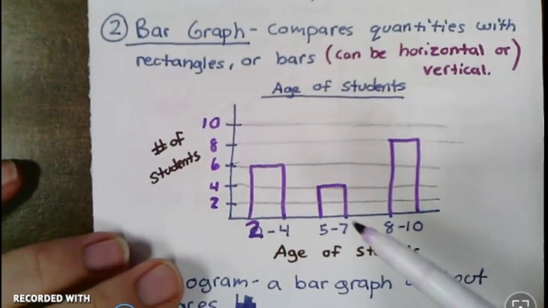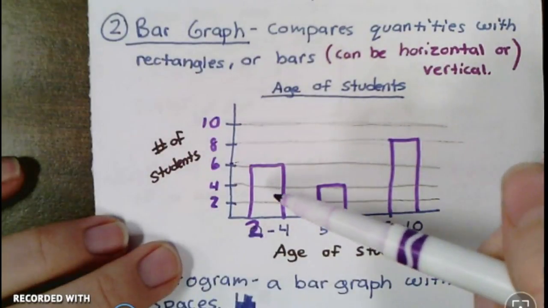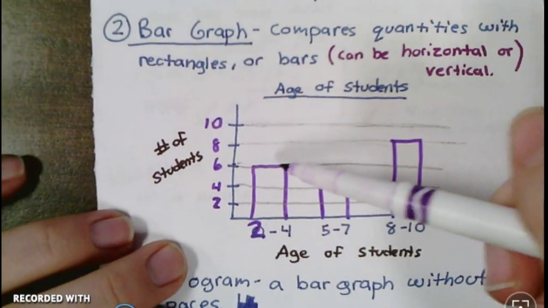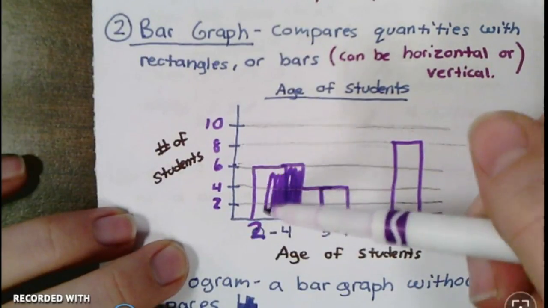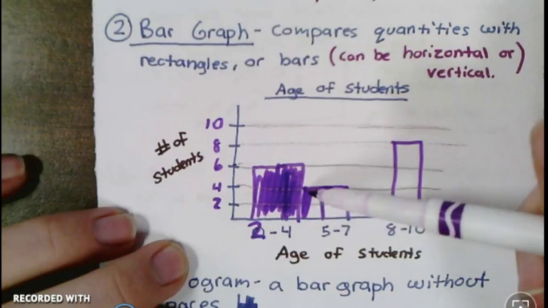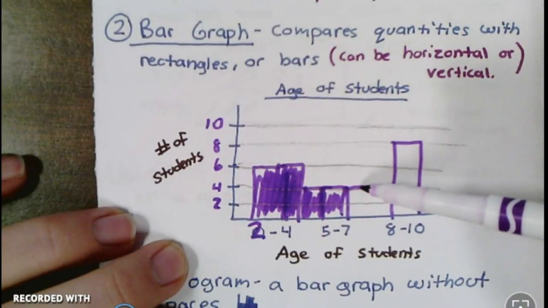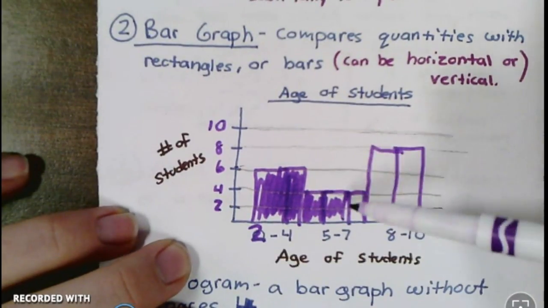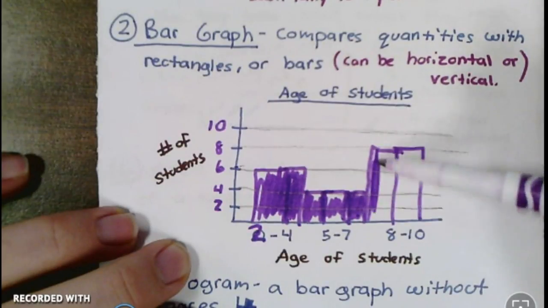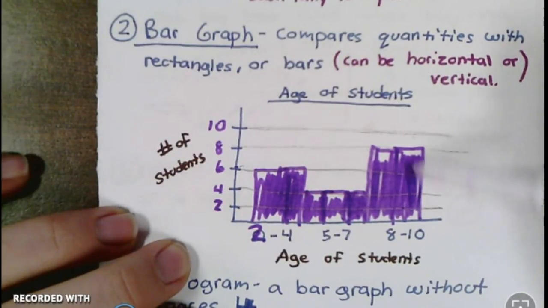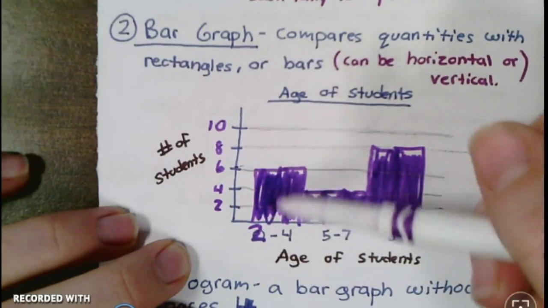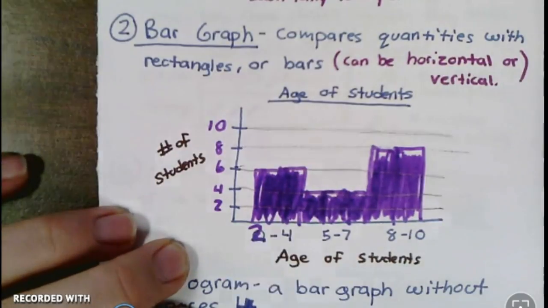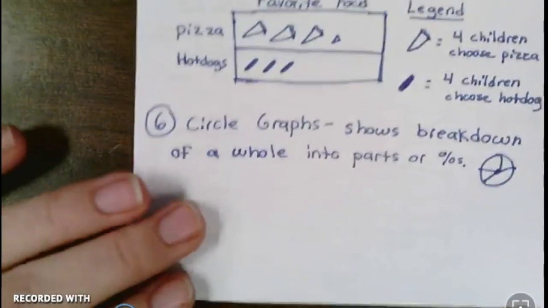If I was going to make this one into a histogram, and I don't want you to do this on your page, what it would look like is I would have this come all the way over to here. This would be shaded, and then this would be shaded, and this would need to come to here. So they're all bumping right into each other. That is a histogram. Bar graph has spaces, histogram doesn't.